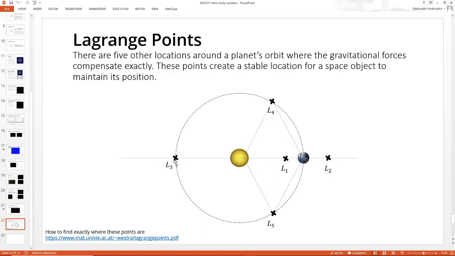It turns out that L1, L2 and L3 are not stable, but they're still Lagrange points. Asteroids can accumulate in these points. And L4 and L5 are stable points. So that means if asteroids or rocks or anything does accumulate here, it's hard for them to get out.